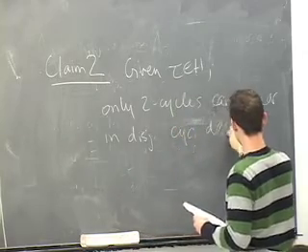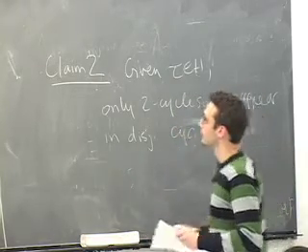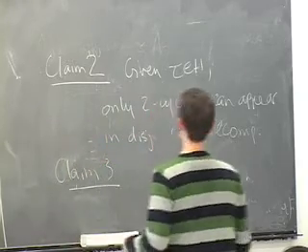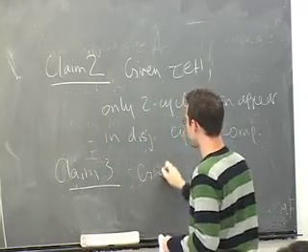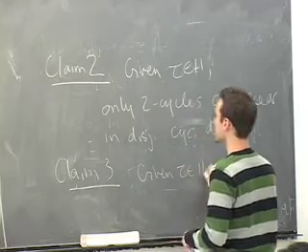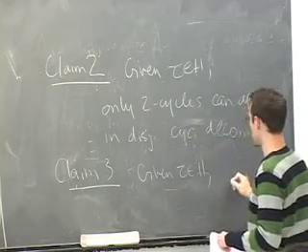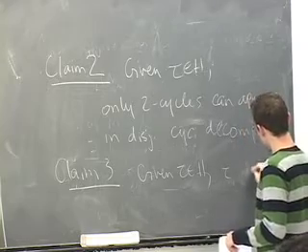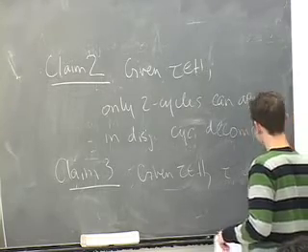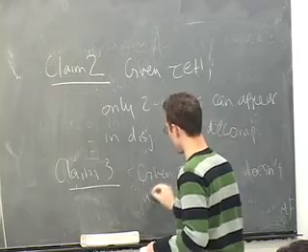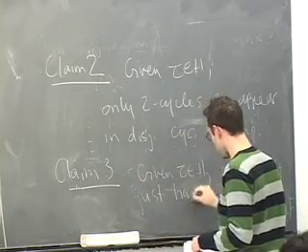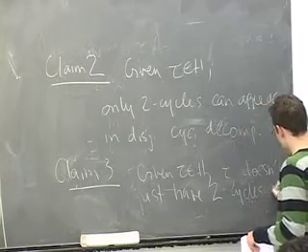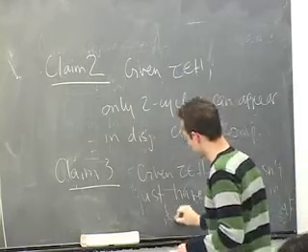And then claim 3 is the opposite. So given tau in H, tau doesn't just have 2-cycles in its decomposition.